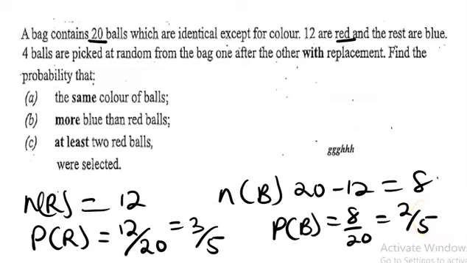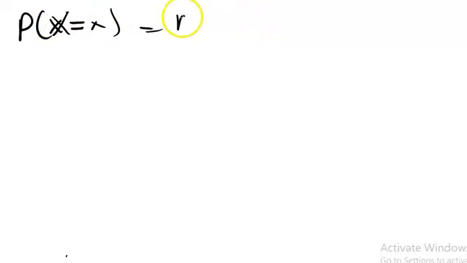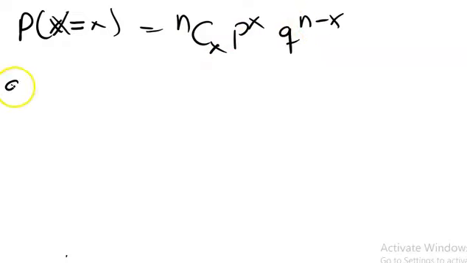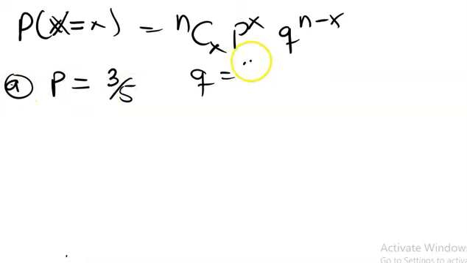Okay, so as I said, we use binomial probability. That's the probability that X equals small x, that will be nCx, p to the power x, q to the power n minus x. So for A, our p is 3 over 5, our q is 2 over 5. We are saying the same color.